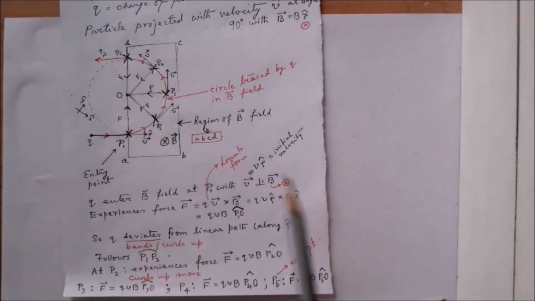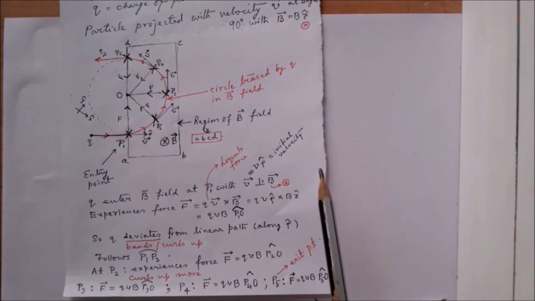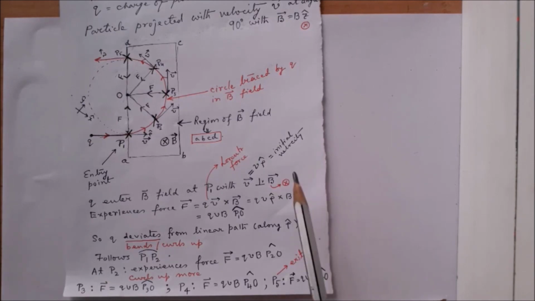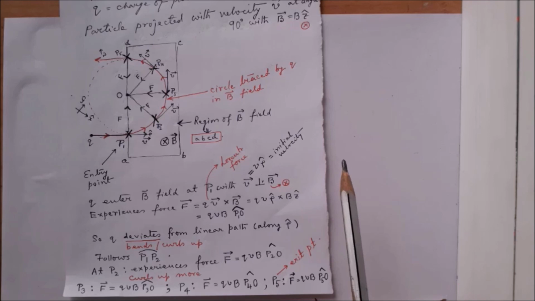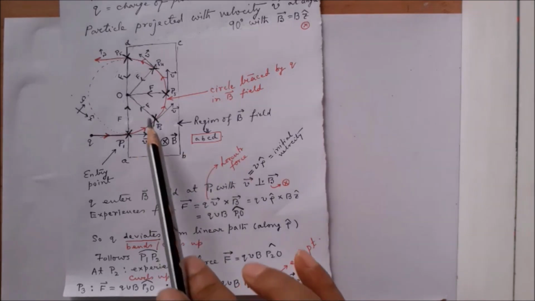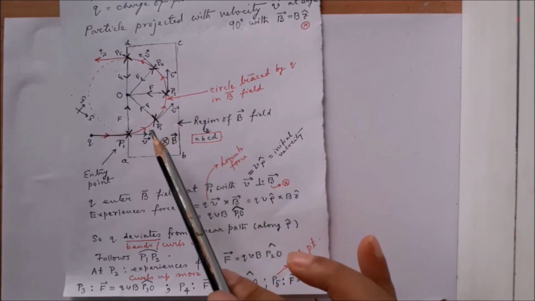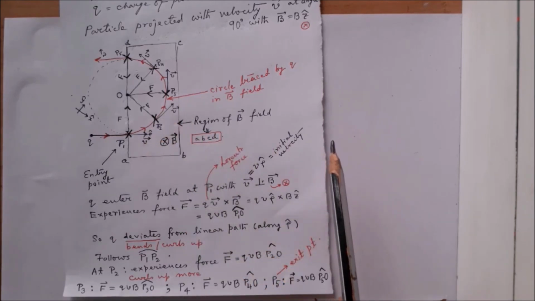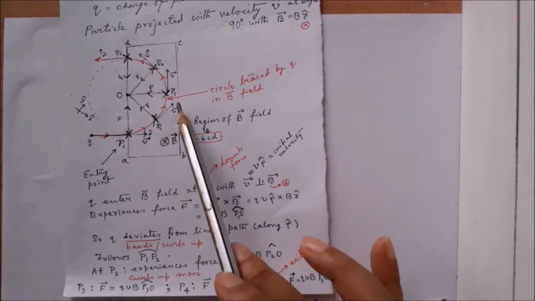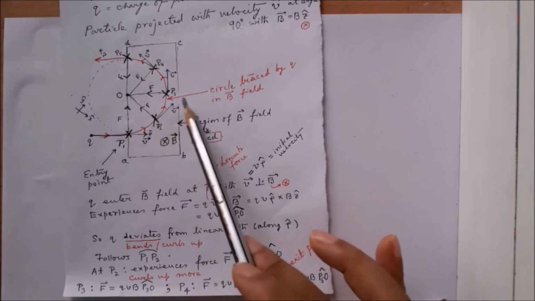Why is the track circular? This is easy to understand, though we will prove it in a rigorous manner. The forces, the F's, are due to the cross product of V and B, and so are perpendicular to the velocity V, which is along the tangent.